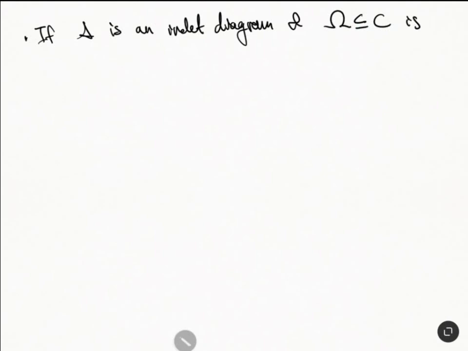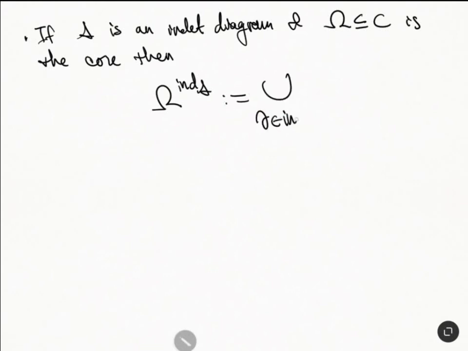So let's say S is an indeterminacy diagram, and let's say C is the core of the indeterminacy diagram, and omega is a subset of C. Then we will let omega Ind S be defined to be equal to the union over gammas in the collection of indeterminacies of gamma of C.